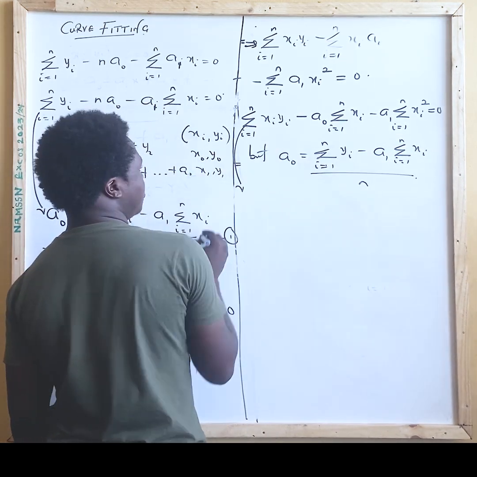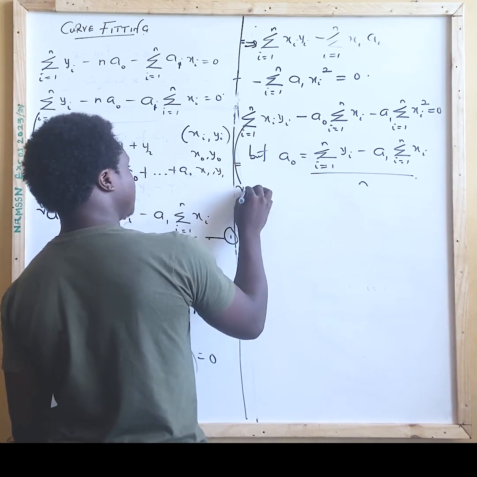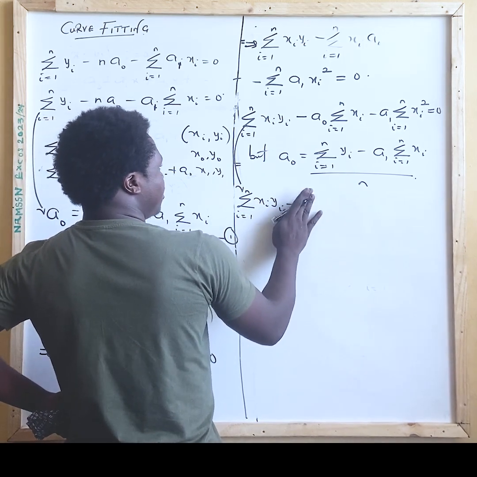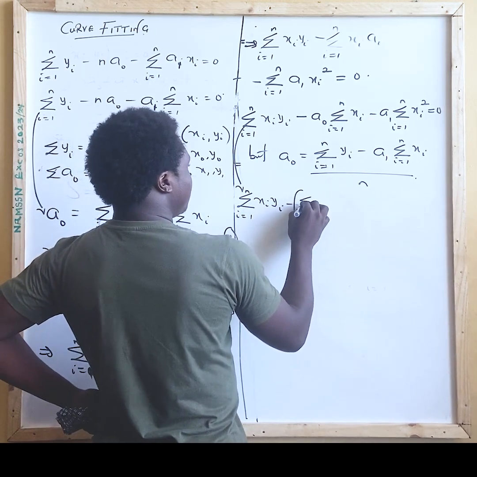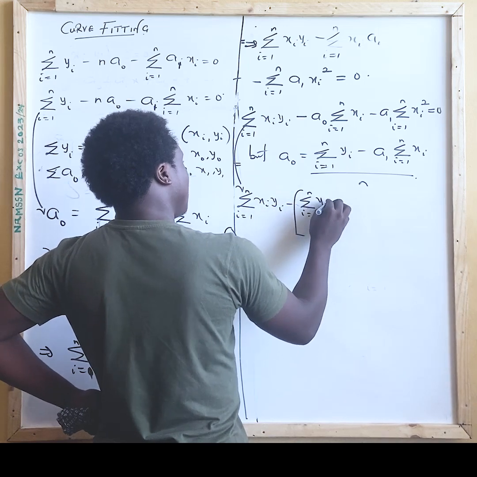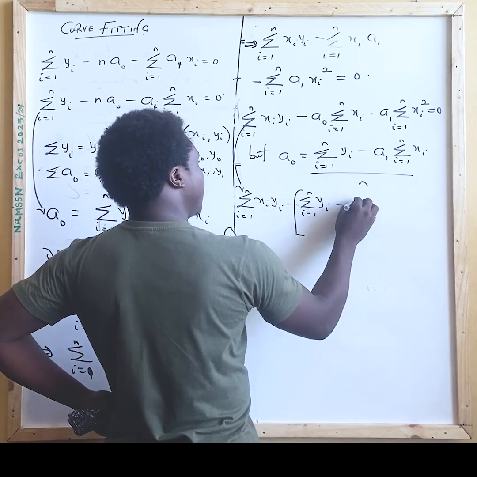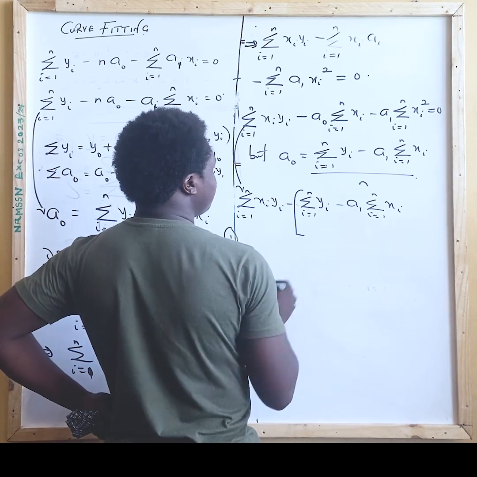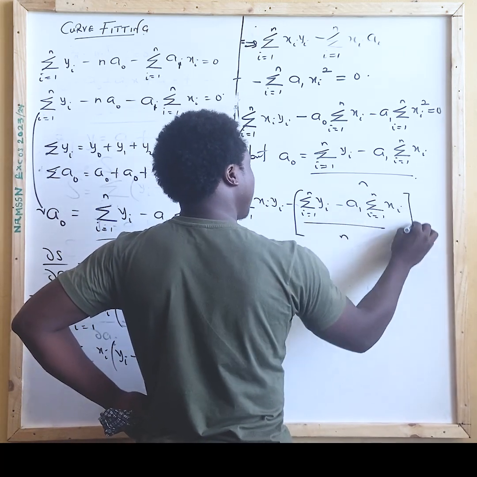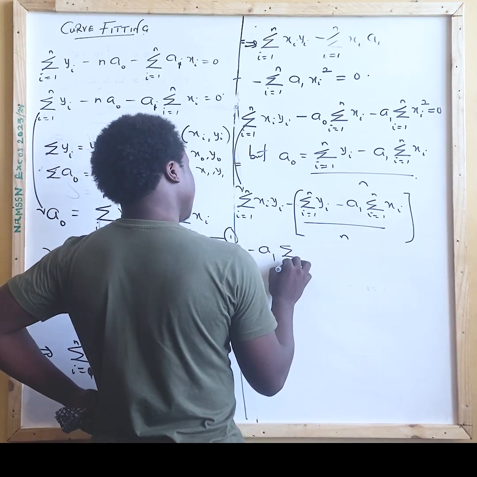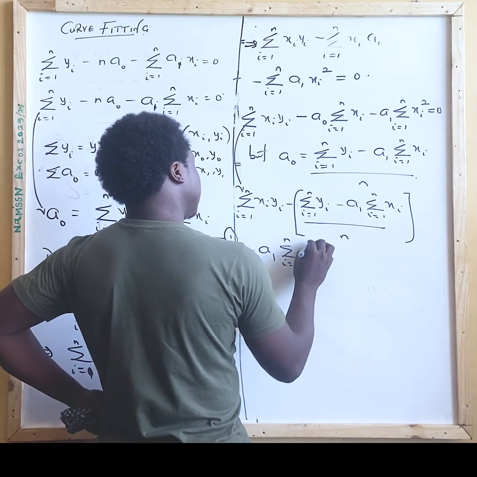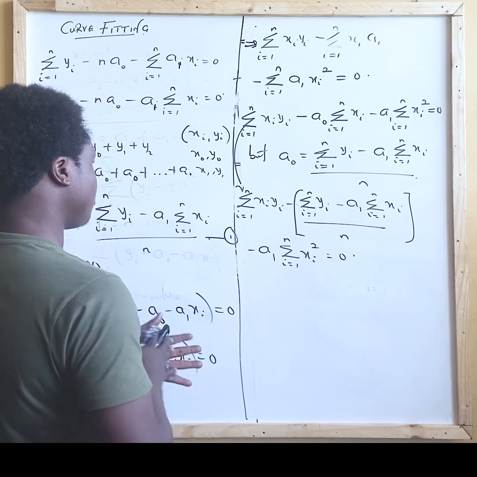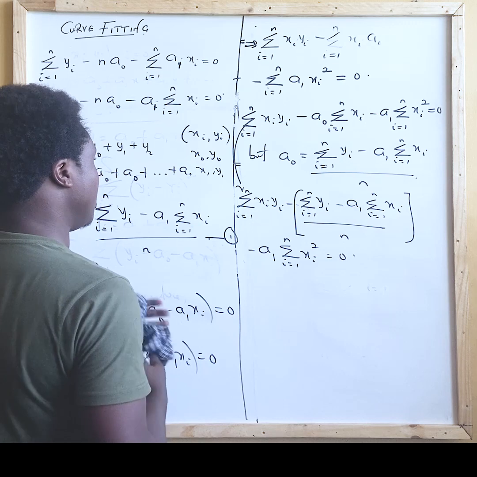So this line here becomes summation i from 1 to n xi yi minus, so a naught is going away, I have this to be summation i from 1 to n yi minus a1 summation i from 1 to n xi over n, minus a1 summation i from 1 to n xi square, everything is equal to 0.